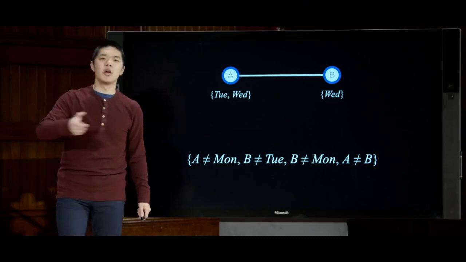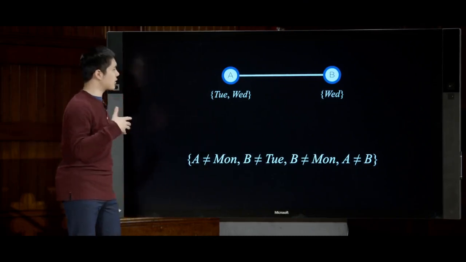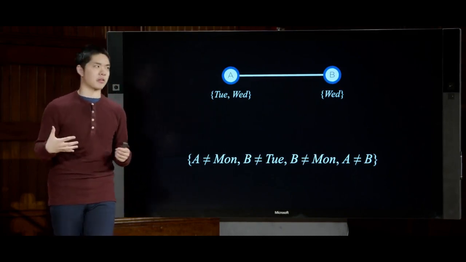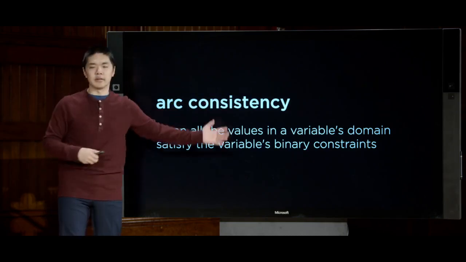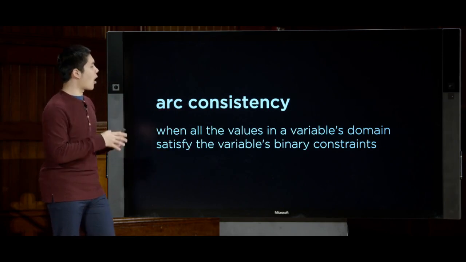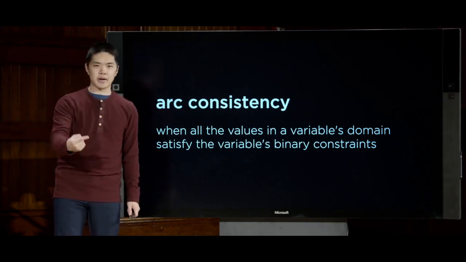So node consistency is fairly easy to enforce. We just take each node and make sure the values in the domain satisfy the unary constraints. Where things get a little bit more interesting is when we consider different types of consistency, something like arc consistency, for example. Arc consistency refers to when all of the values in a variable's domain satisfy the variable's binary constraints.